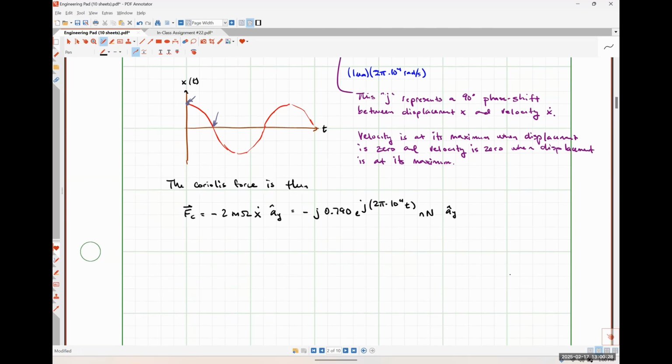Or we might write this as 0.790 cosine of 2 pi times 10 to the 4 t minus 90 degrees nanonewtons a_y in the time domain.